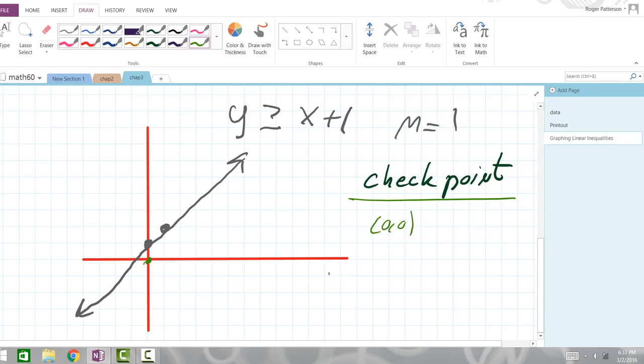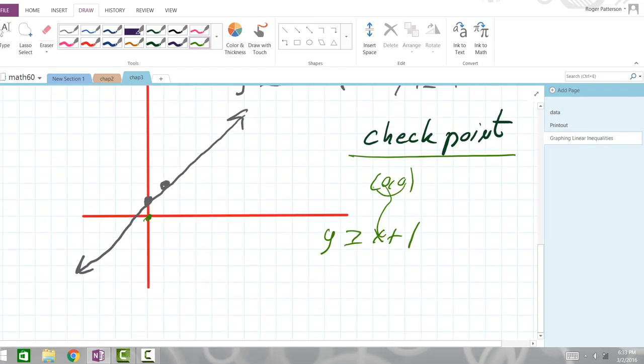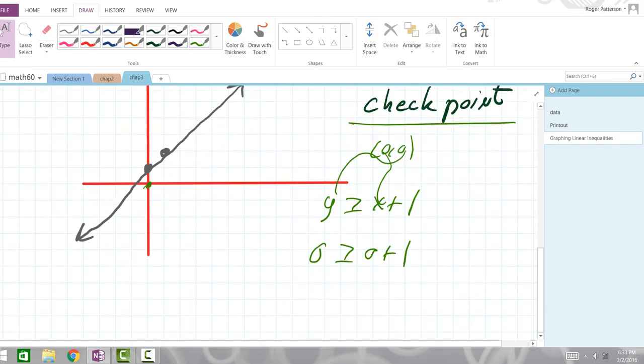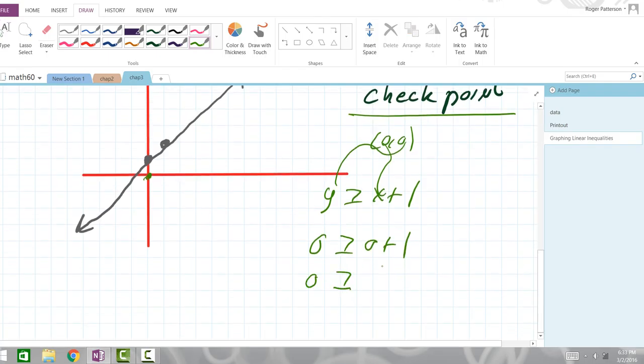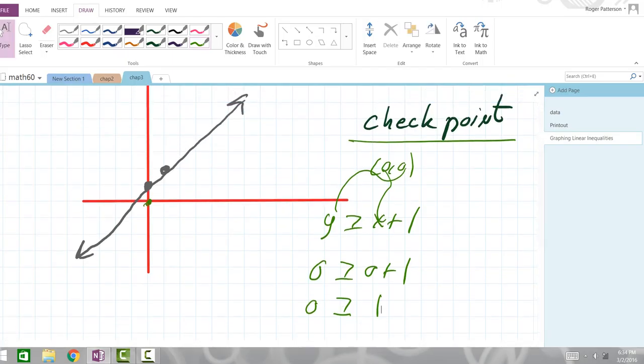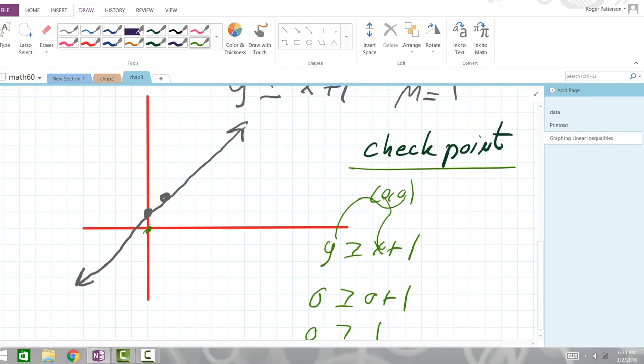Now I'm going to substitute it into this equation and see what happens. 0, 0, so 0, and this would be 1. Is 0 greater than or equal to 1? No. So that means that the answers are all the points on the other side of the line.